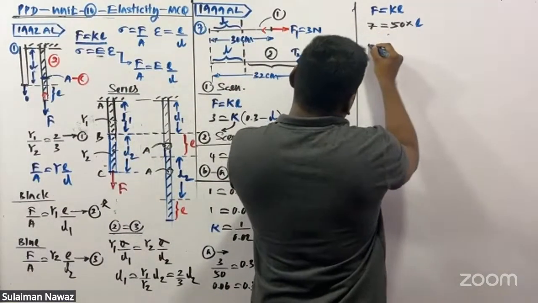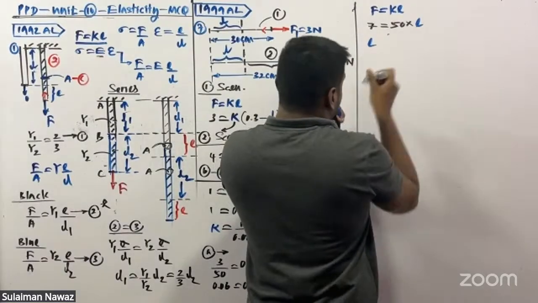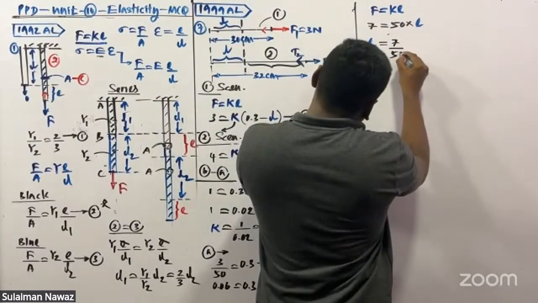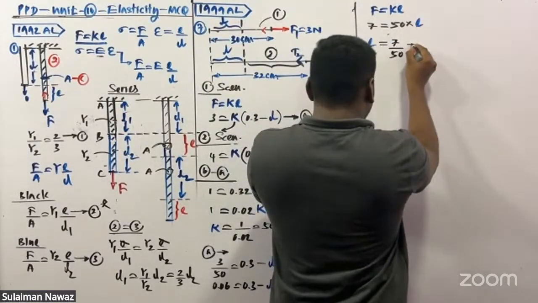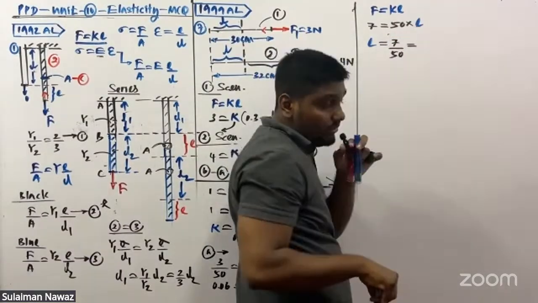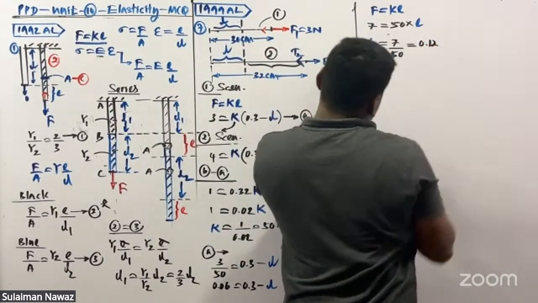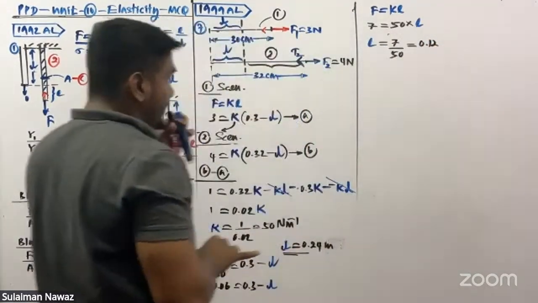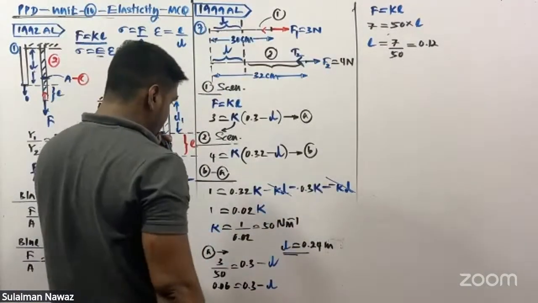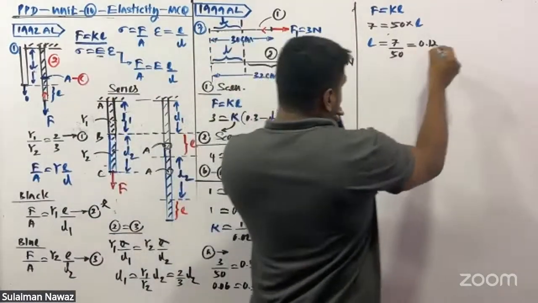Extension is the increase in length, the change in length. Extension is 7 over 50, which is 0.12. That means 12 centimeters. The natural length is 24 centimeters, so the new length is 36 centimeters. Am I correct? 0.12 meters.